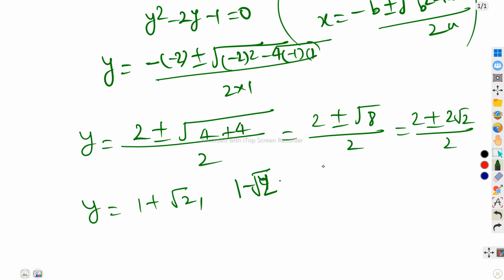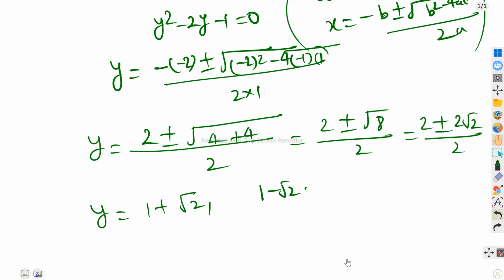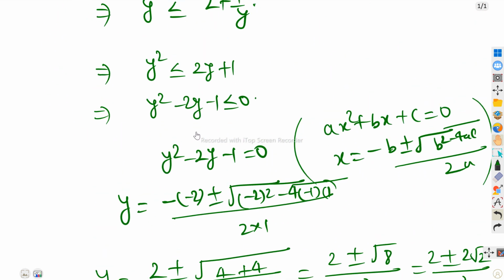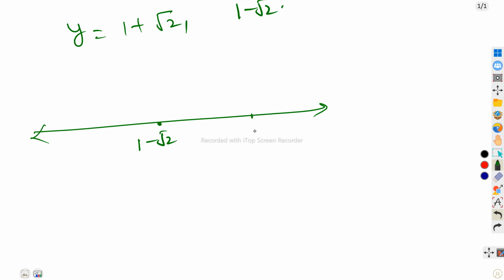So we have two roots: one is 1 plus root 2 and another is 1 minus root 2. We are going to find the interval in which this quadratic inequality is valid. First of all, draw a number line, with 1 minus root 2 and 1 plus root 2 marked on it.